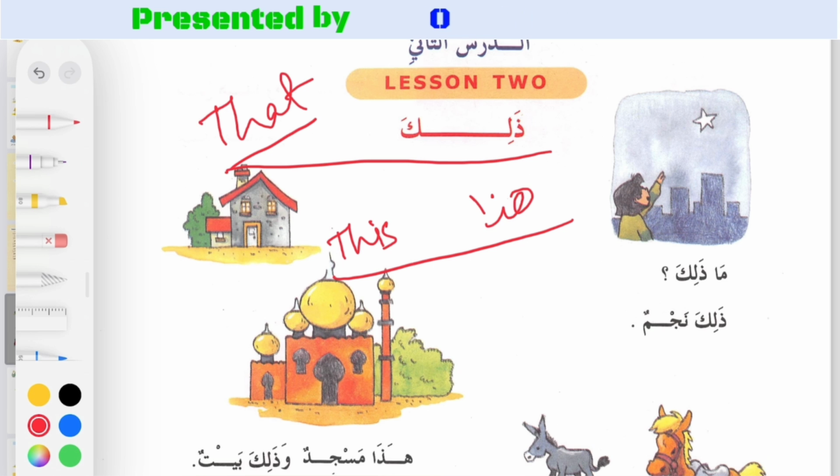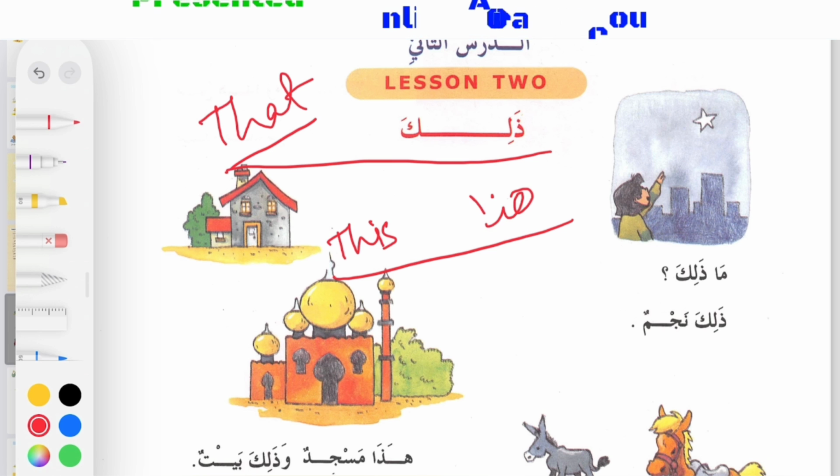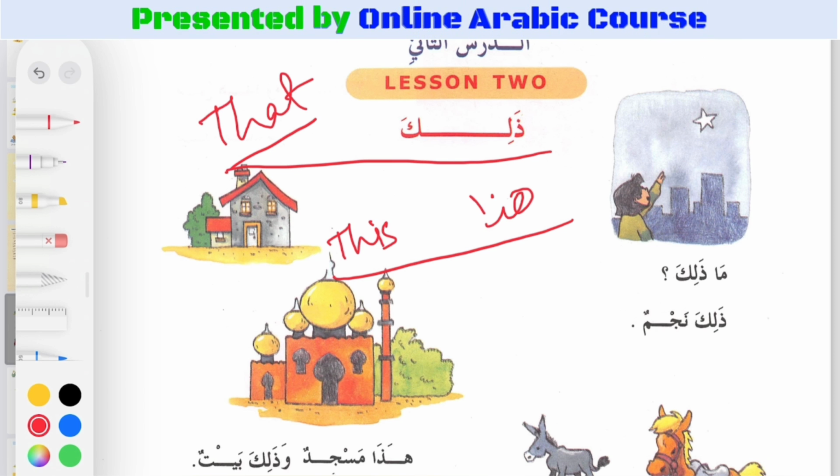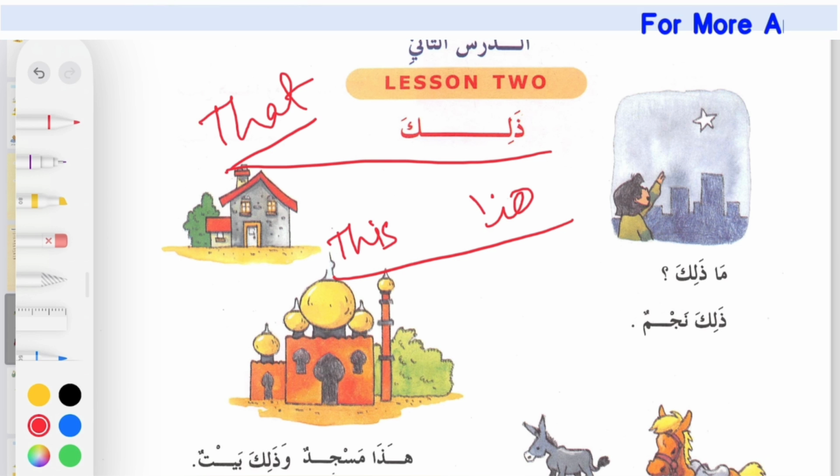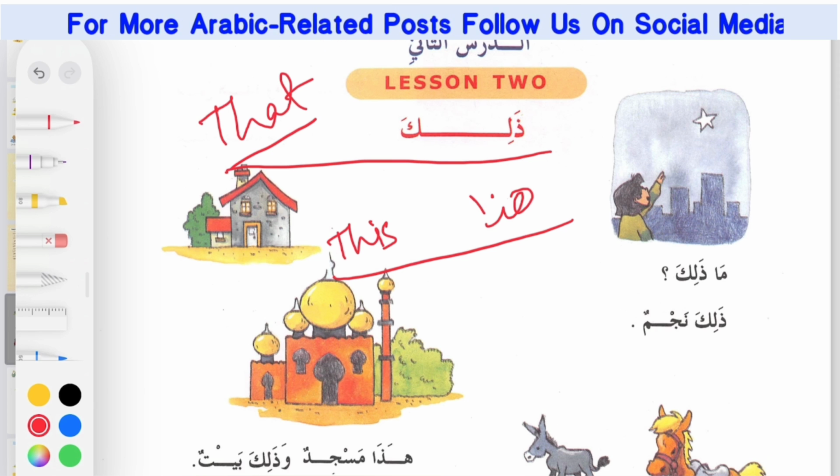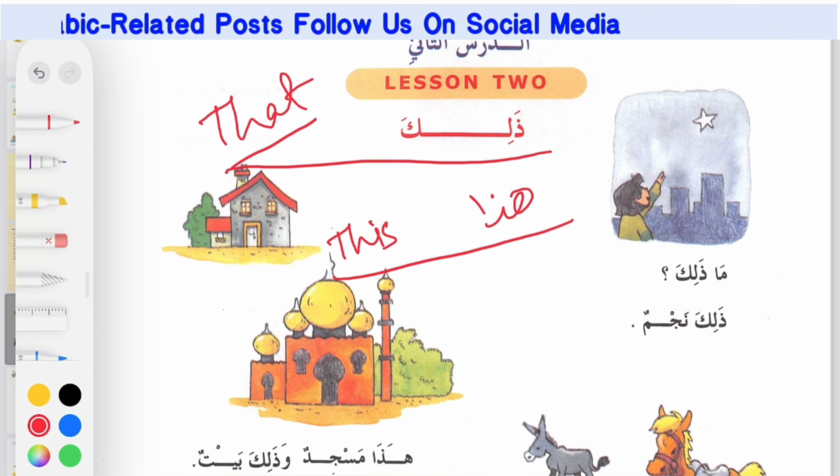And now we'll understand what is the difference between hada and dhalika in Arabic grammar. The word hada is used to point to a singular person or object that is close to you, that is near to you. On the other hand, the word dhalika is used to point to a singular person or an object which is further away from you.